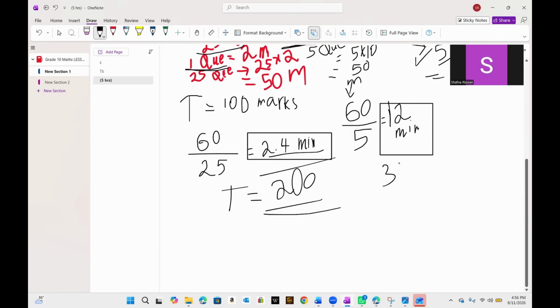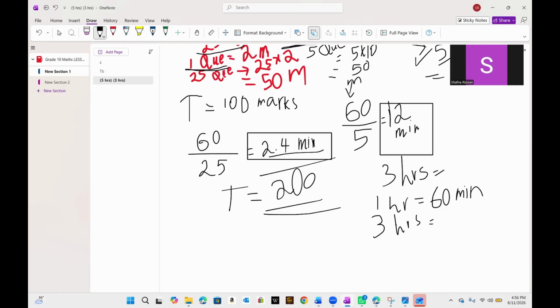So 3 hours is equal to how many minutes? 1 hour equals 60 minutes, so if you want 3 hours, you have to multiply 60 by 3. So if you multiply 60 by 3, how much will you get? 180 minutes.